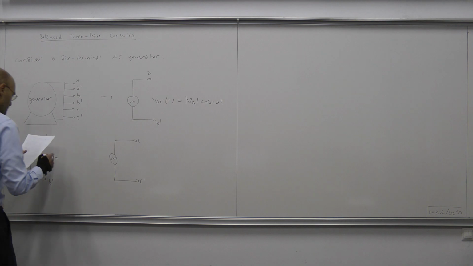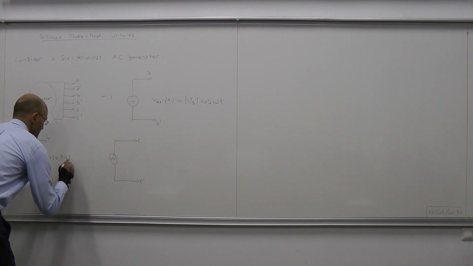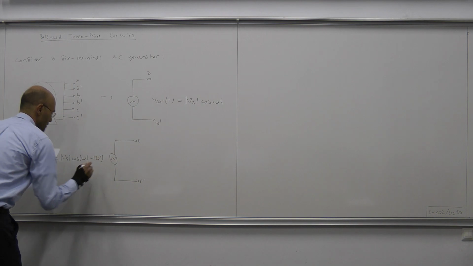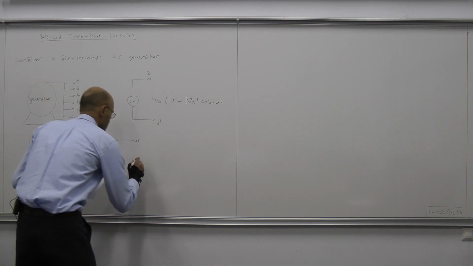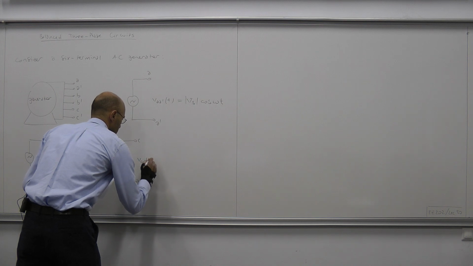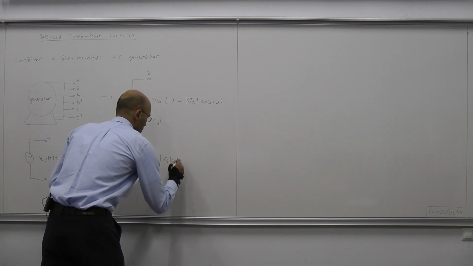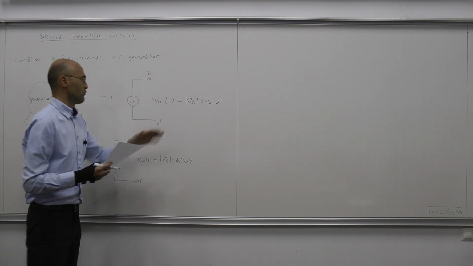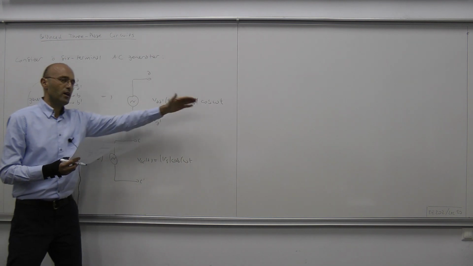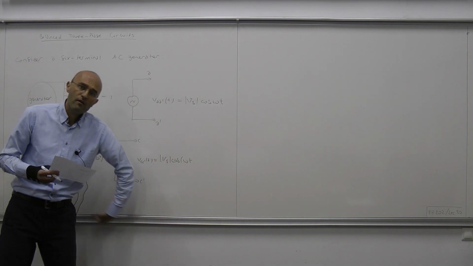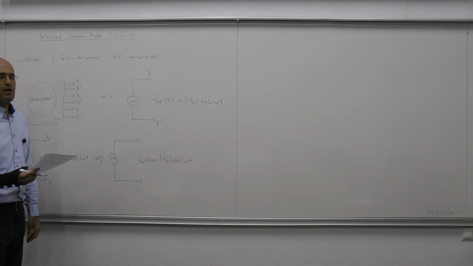So we have therefore V_BB'(t) equals Vs cosine omega t minus 120 degrees, and for V_CC'(t) we have Vs cosine omega t minus 240 degrees. So from A to B you go 120 degrees counterclockwise. From B to C you go further 120 degrees counterclockwise.